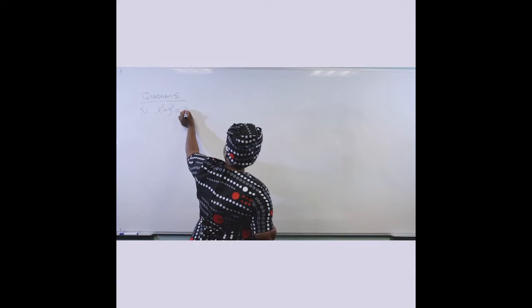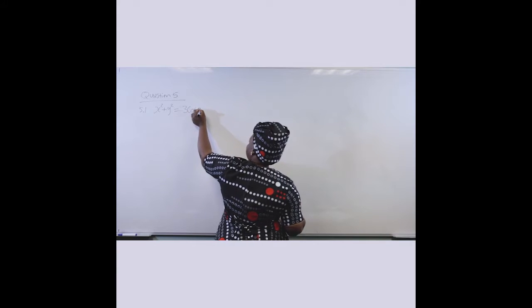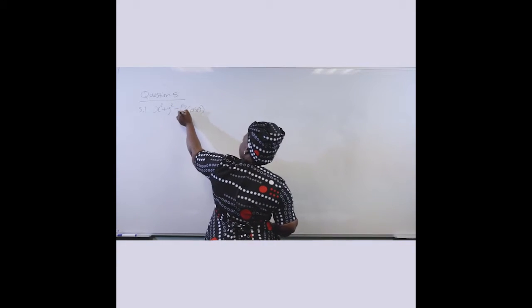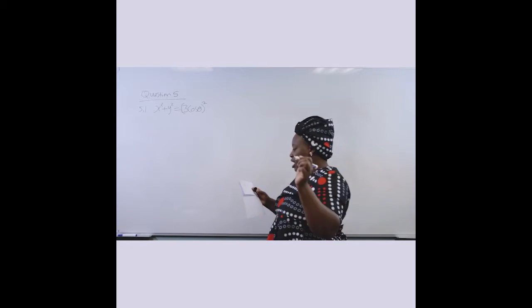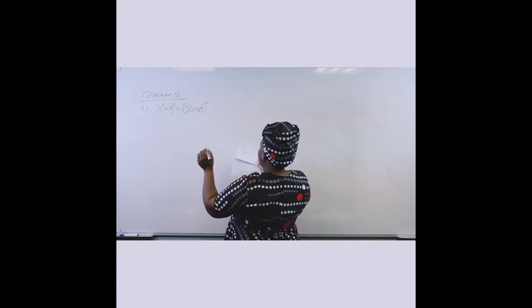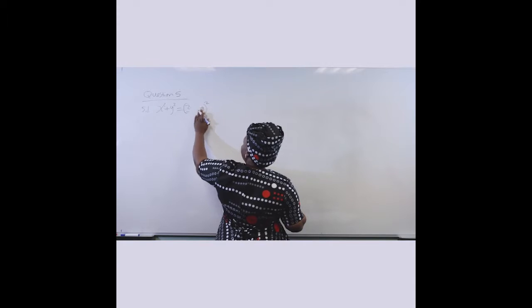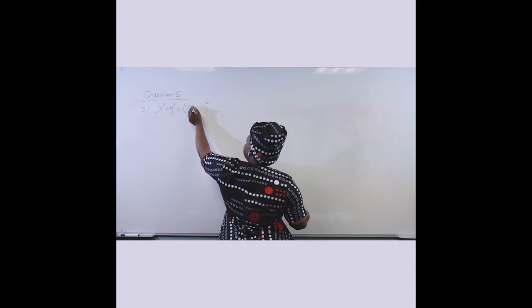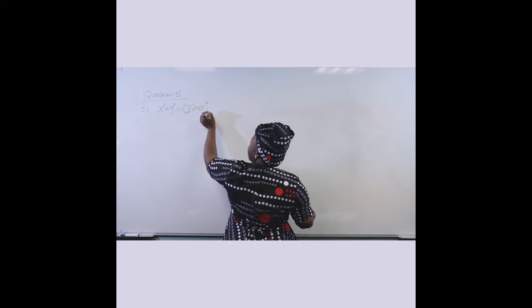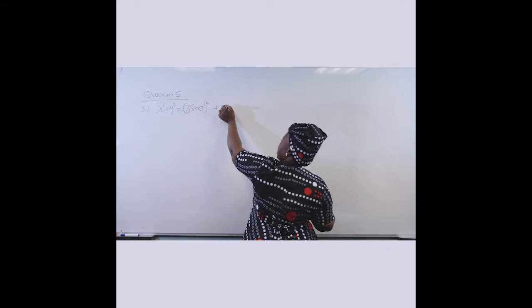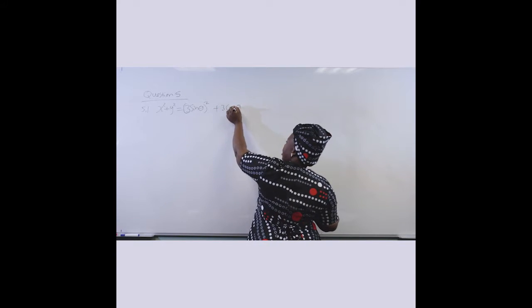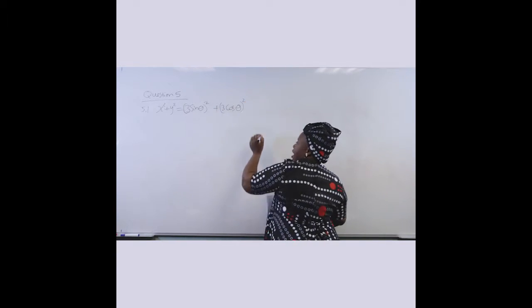They said x is 3 sine theta, and y is 3 cos theta. Remember, there's a square, so you must square it.